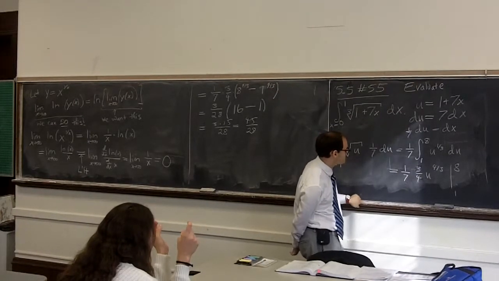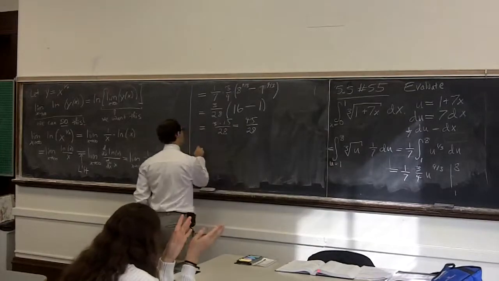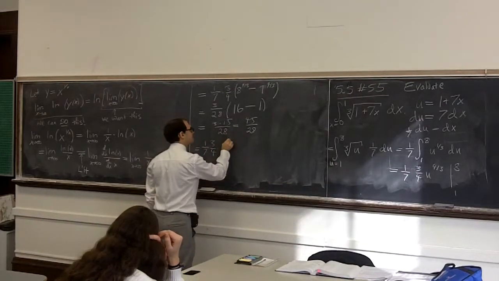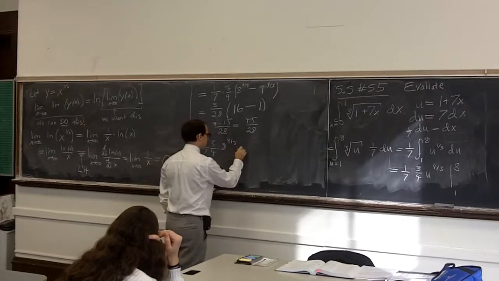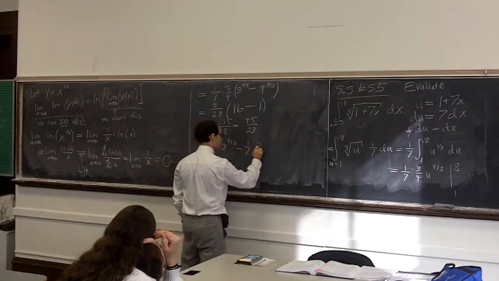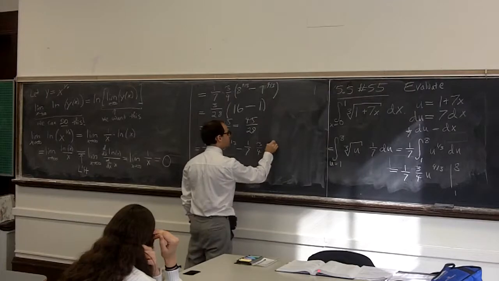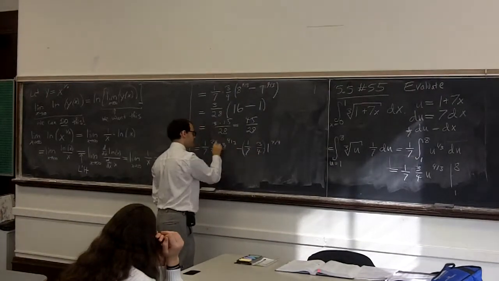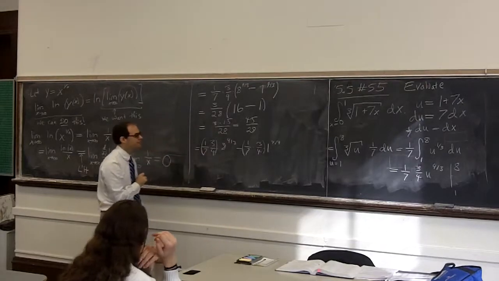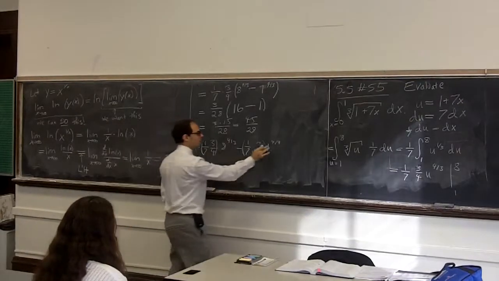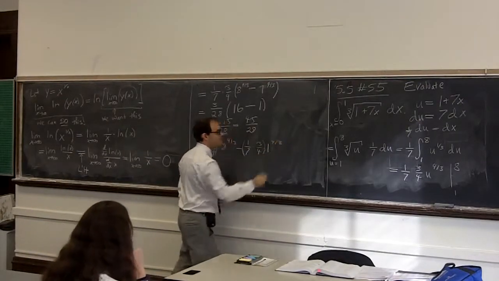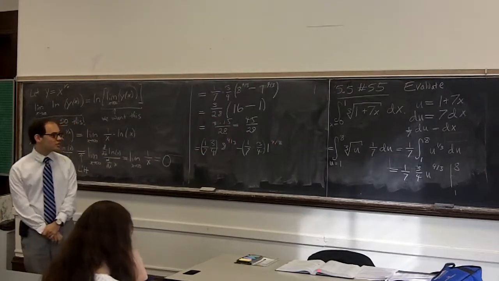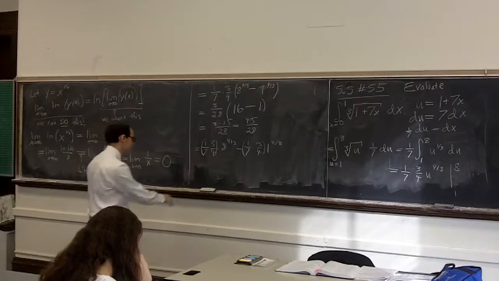Oh, I see. Because what did I do to get here? I just took out this common factor. If you did it the other way, as in if you didn't change the limits, where would you stop?